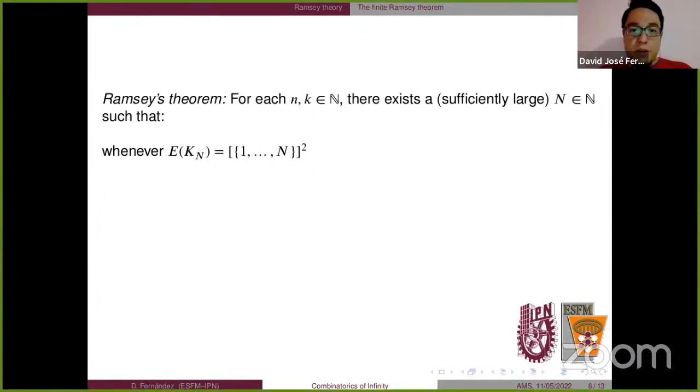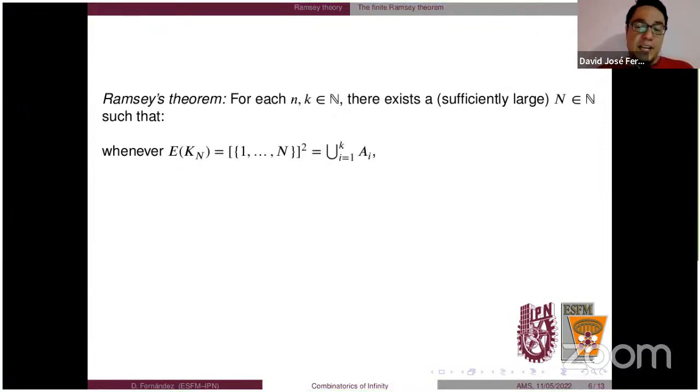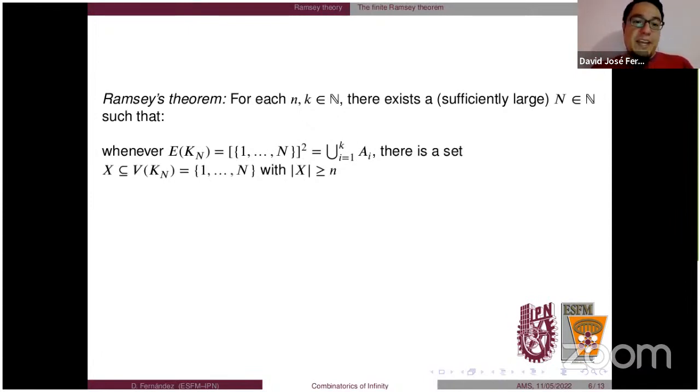And whenever you partition this in k cells, k pieces, there's going to be a lowercase n, so a set of vertices X with at least n elements, such that all edges between those vertices fall in the same piece of the partition.